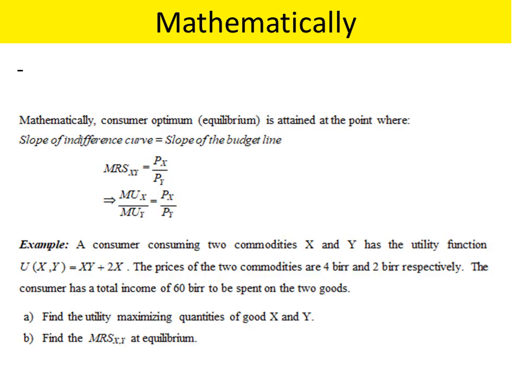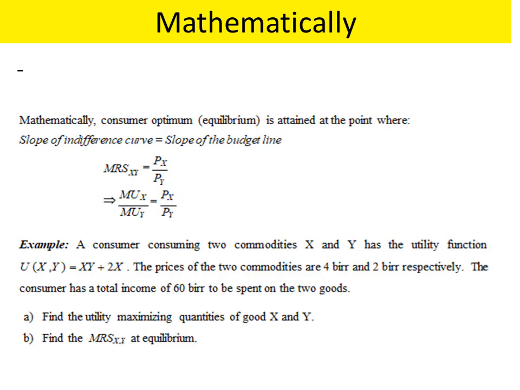A consumer consuming two commodities X and Y has a total utility function of U(X,Y) = XY + 2X. The prices of the two commodities are 4 birr and 2 birr, or $4 and $2, respectively.